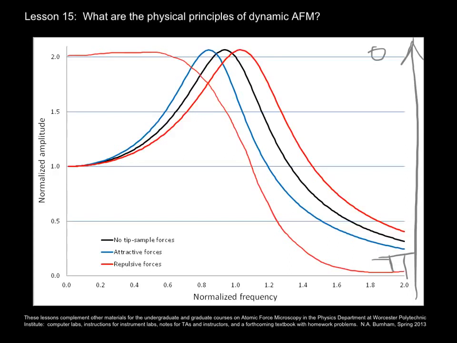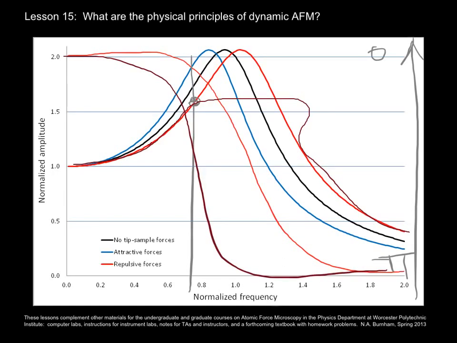And if we say our drive frequency is about here, with our set point amplitude about there, and now we're imaging and we move to another part of the sample, let's say that part of the sample is very stiff, and we might have an interaction that looks very strange, like this, and its phase would also be very different. Might be cut off more like that.